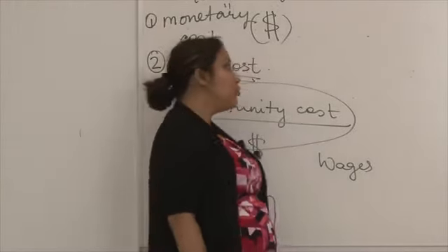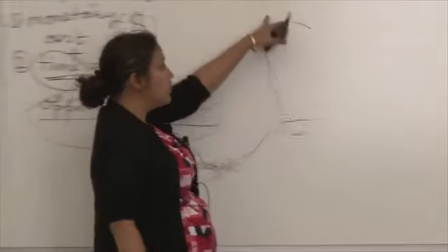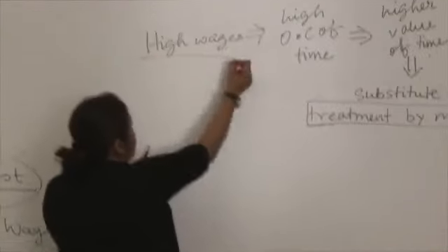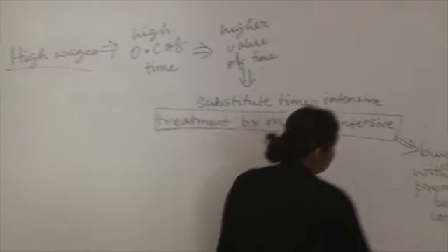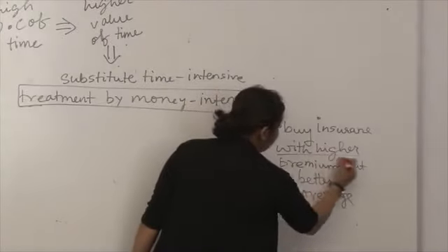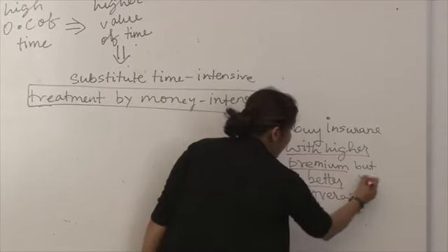Okay. And if you just look at the two ends of this linkage, we are saying high wages, a person who gets high wages, and at the end of this link you have the person will be willing to pay high premium with better coverage.